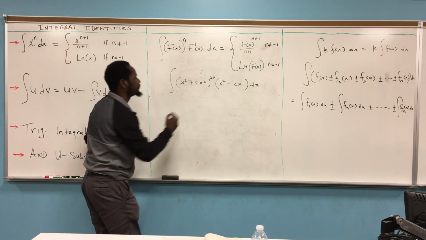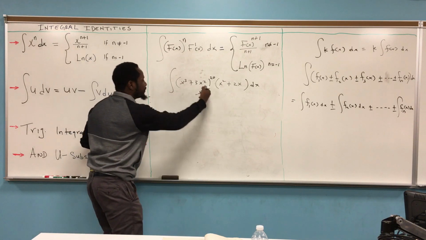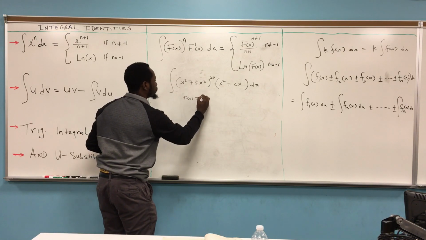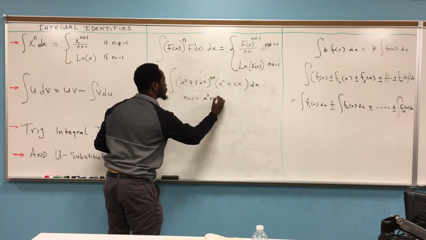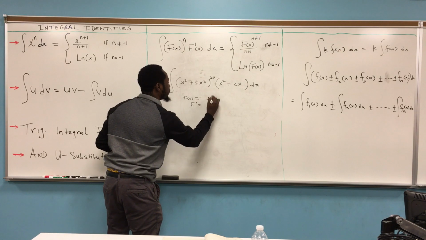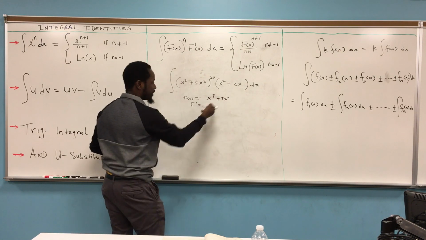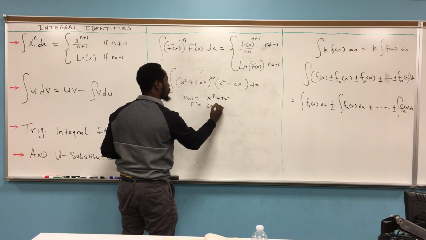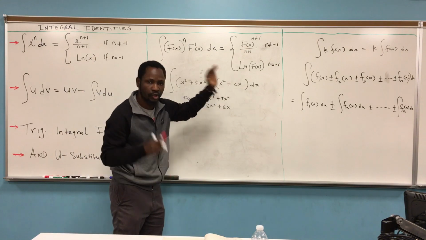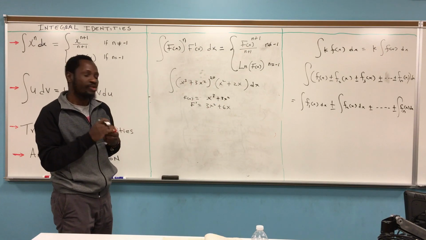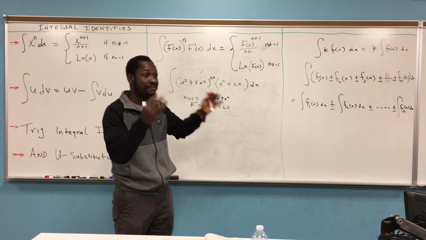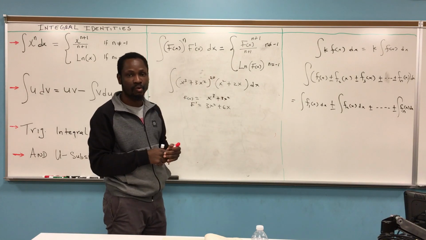So let's find the derivative of this. If f of x is equal to x cubed plus 3x squared, so what's f prime? f prime is 3x squared plus 6x. Is it this? No. But in maths, you can do manipulations that help you arrive at your destination as long as it doesn't change the question.